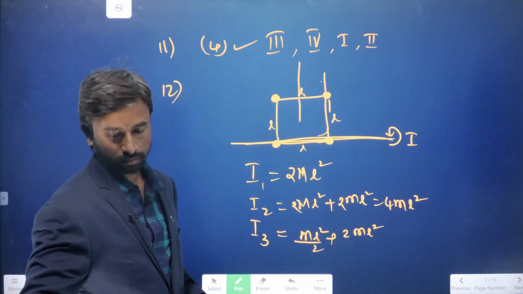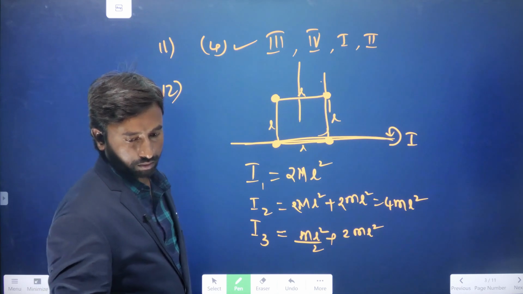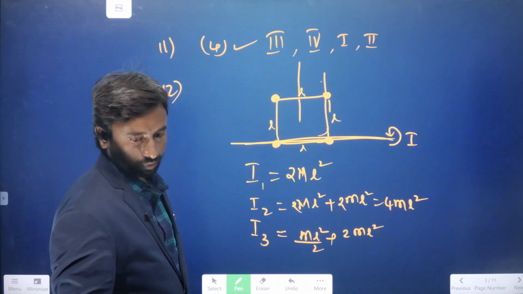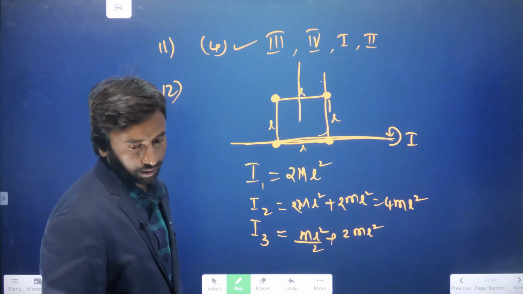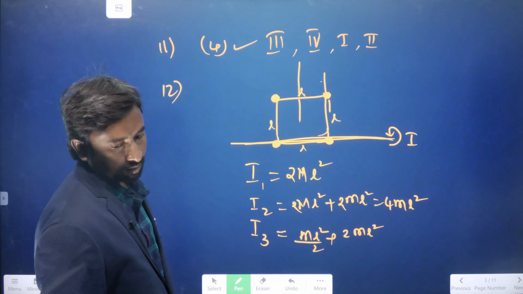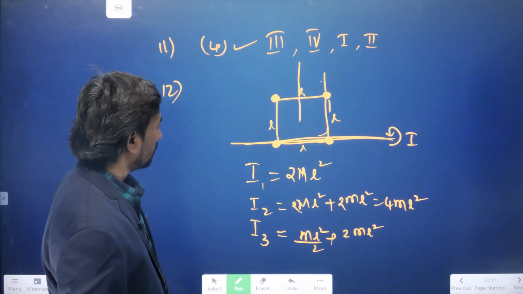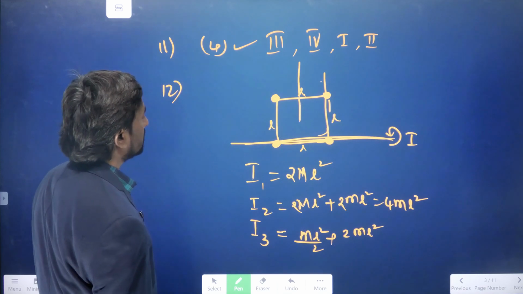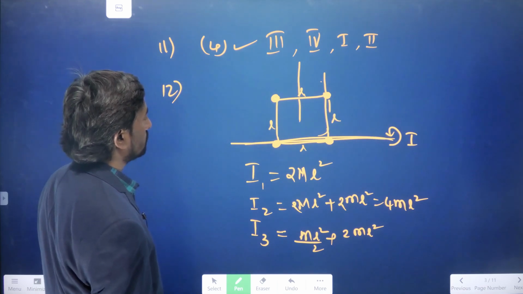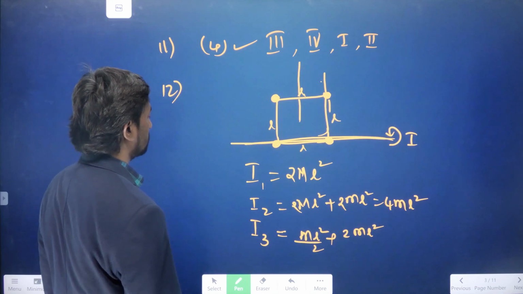So now, perpendicular to the plane passing through any corner. Okay, now this one, the second one only we should consider. So the opposite corner means, okay, we can take like this.